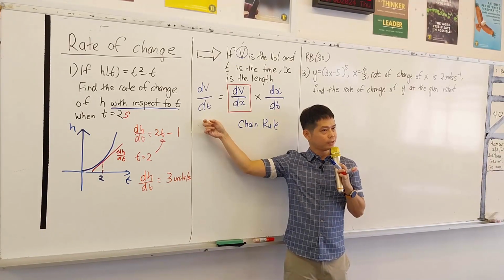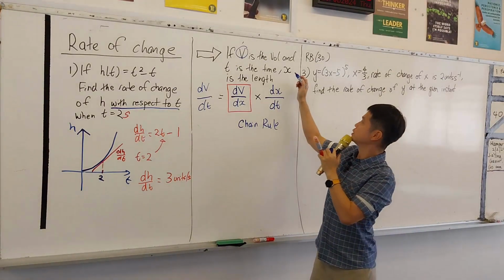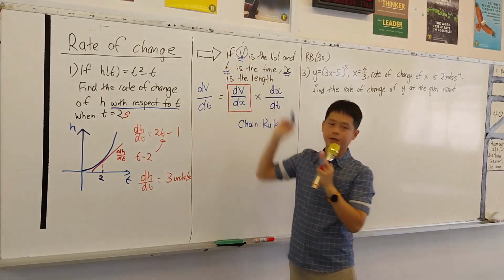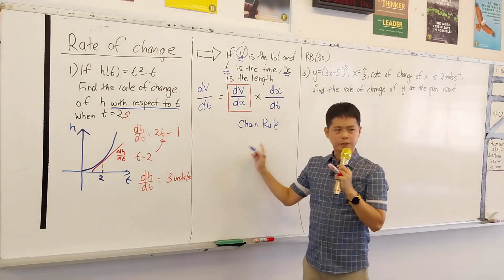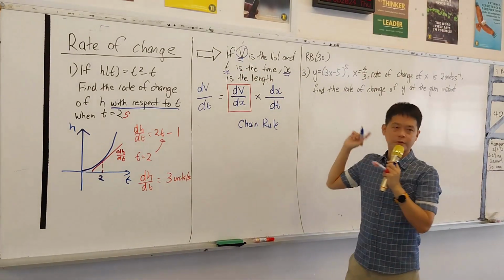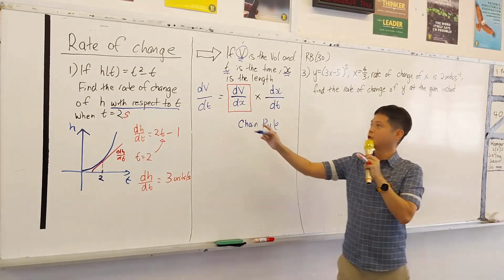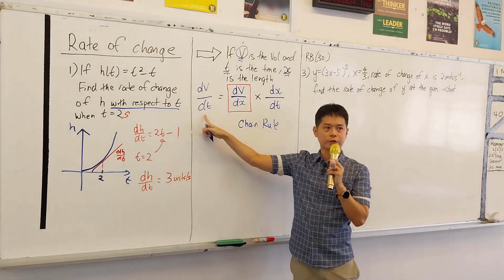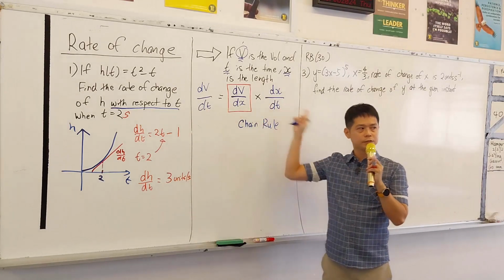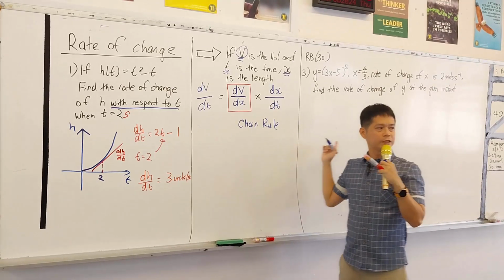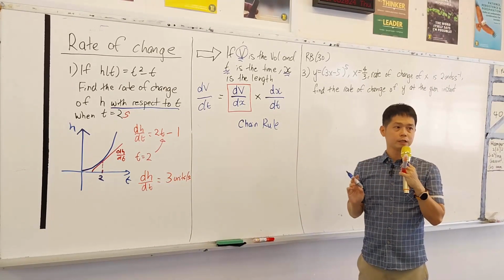You see how the question has x, t, and v. You will look at an example now for a better illustration, but this is called the chain rule. In order to find the rate of change of v with respect to time, I need to do this. It looks a bit blurred right now, but after this example, it will be crystal clear.